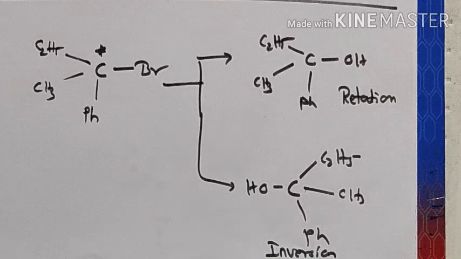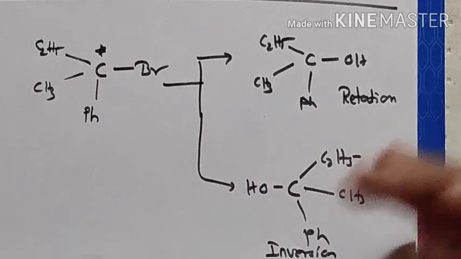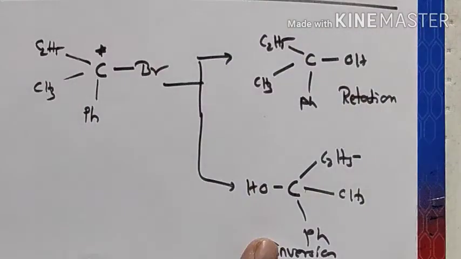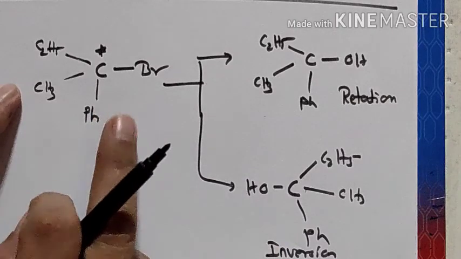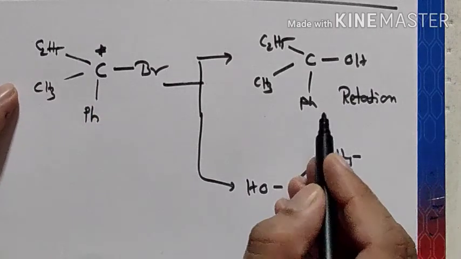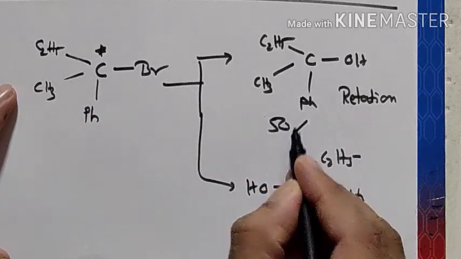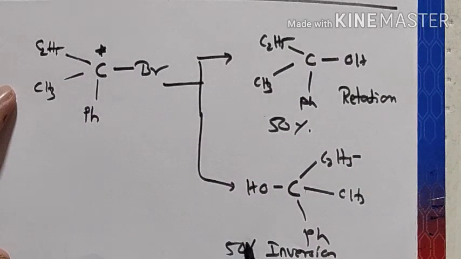In this case, 50% is going to come from up and 50% from the other side, because when the carbocation is formed, it is planar. So there's 50% retention and 50% inversion.